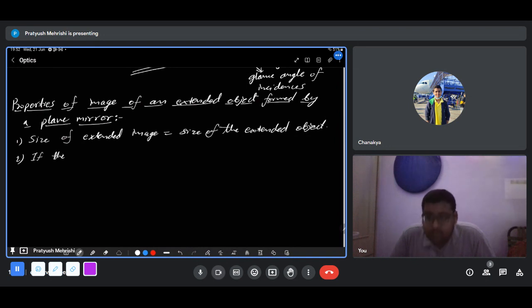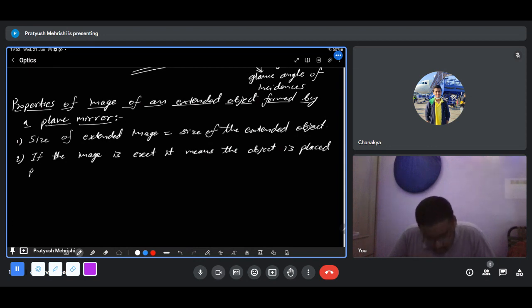Write down: if the image is erect, it means the object is placed parallel to the mirror.